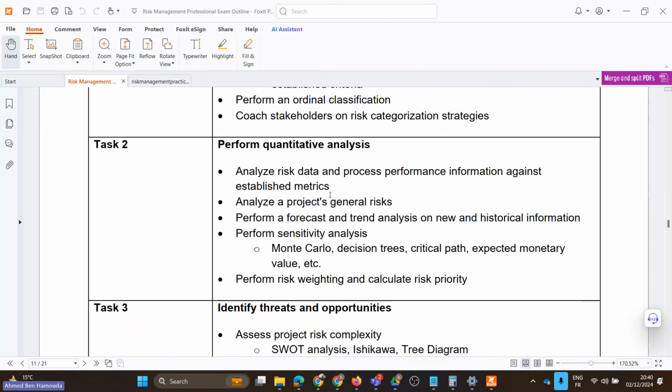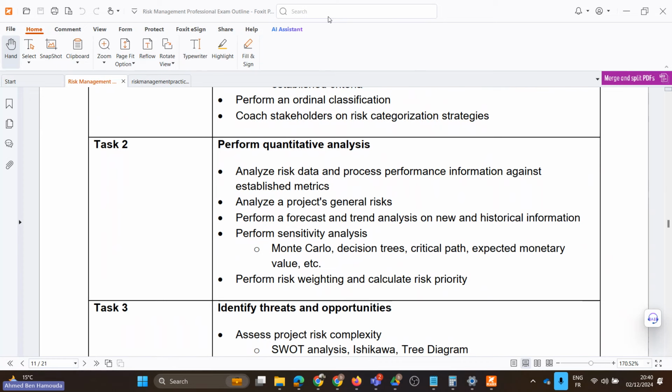Then you can move on with performing more advanced analysis, such as the quantitative risk analysis, mainly for those prioritized risks, because quantitative analysis consumes resources and time, and you cannot do an advanced analysis of all the project risks.